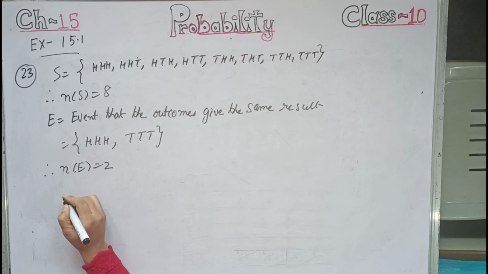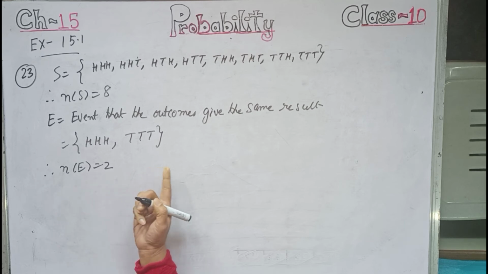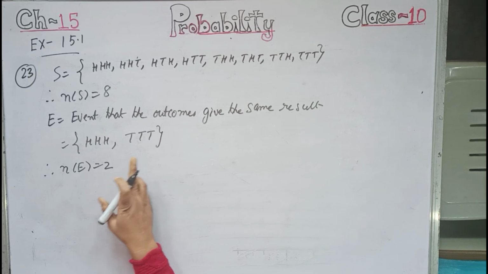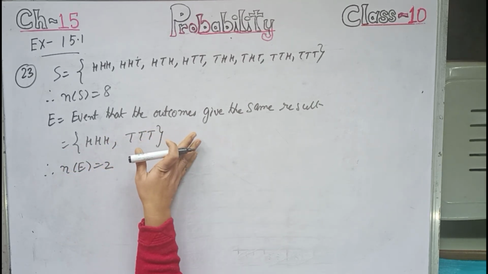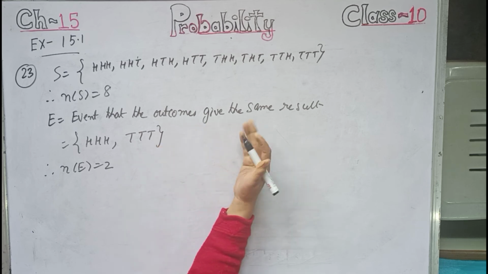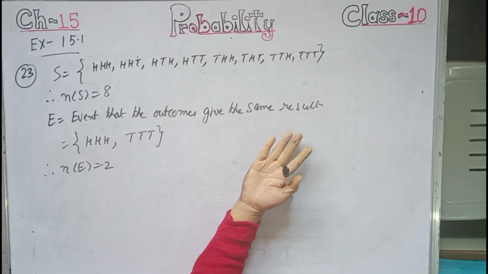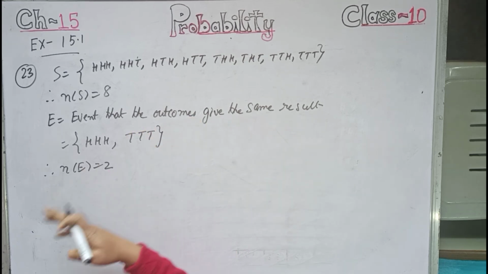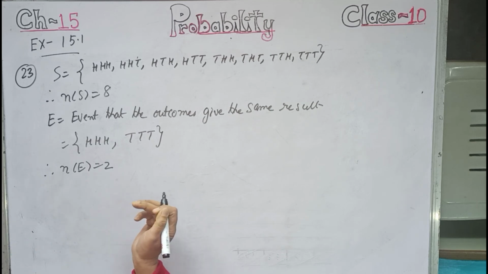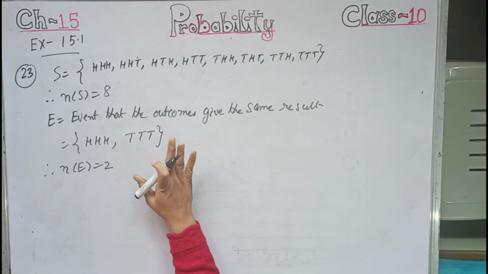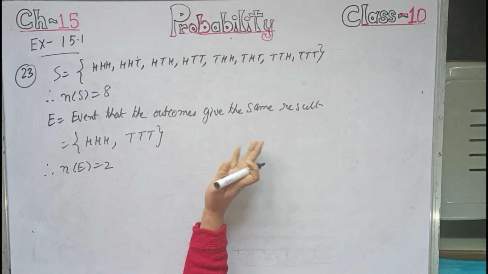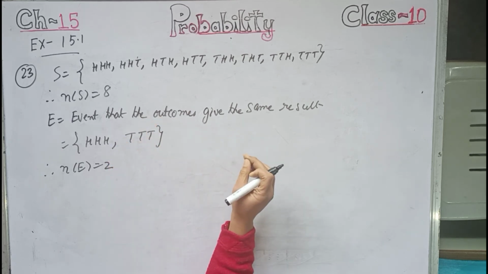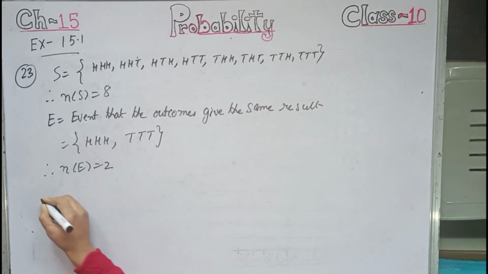And calculate the probability that Hanif will lose the game. If I have taken E as the outcome which gives the same result, you could also take the outcome which gives a different result, because the question is asking that Hanif will lose the game. That also we can write, but since I have written the outcome will give the same result, I will find losing the match as 1 minus P(E).